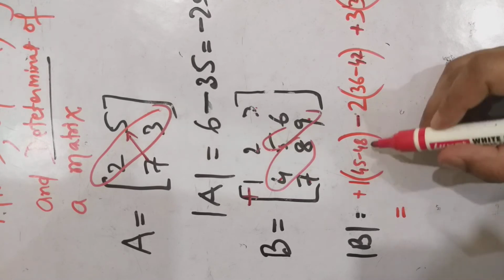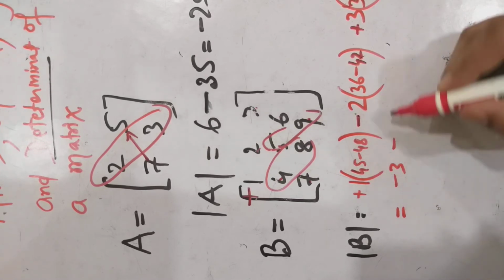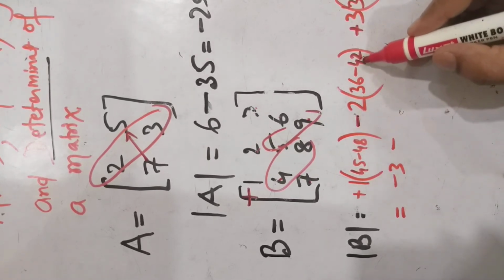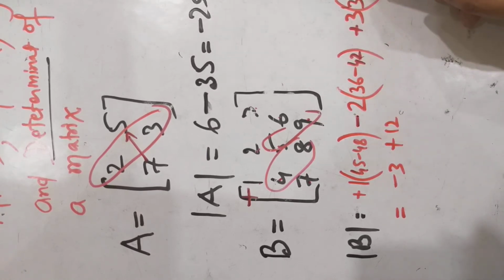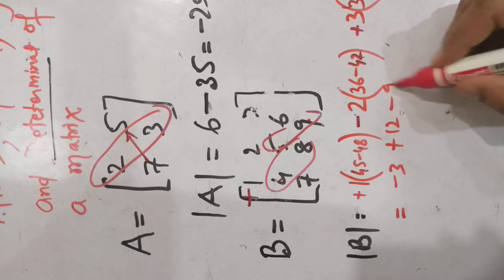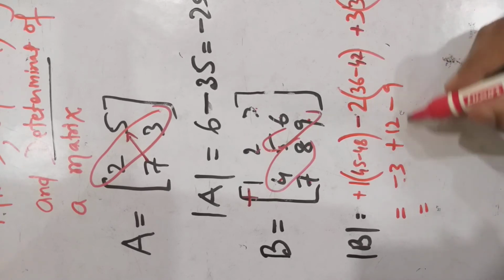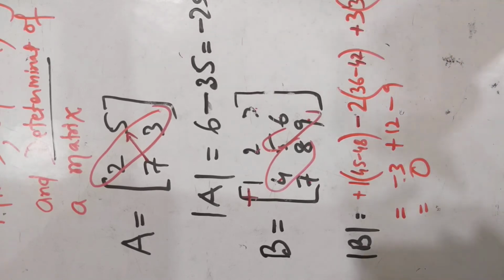So 45 minus 48, minus 2 times 36 minus 42, which is minus 6, so plus 12, and plus 3 times 32 minus 35, which is minus 3, so minus 9. Minus 3 plus 12 minus 9 gives 0. The determinant value of this is 0.